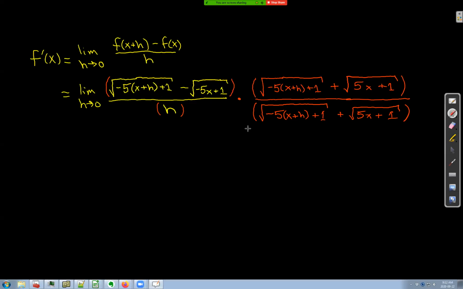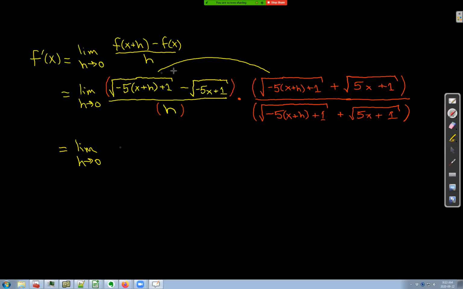And now something nice is supposed to happen. When we do this multiplication, something good should happen. We've got the limit as h goes to 0 of, and when I multiply in the numerator, I have to do FOIL.